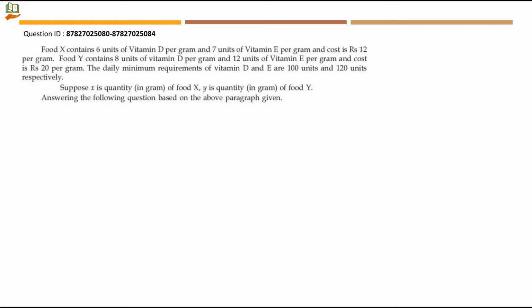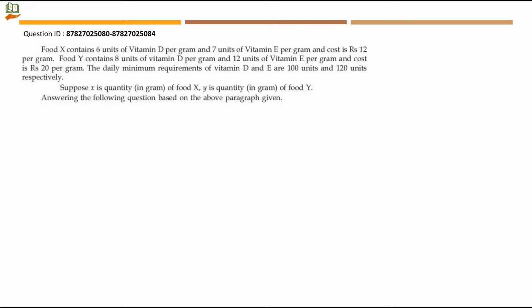The daily minimum requirements of vitamin D and E are 100 units and 120 units respectively. Suppose x is the quantity in grams of food X and y is the quantity in grams of food Y. So they are representing small x as the quantity of food capital X and small y as the quantity of food capital Y. Answer the following questions based on the above paragraph.